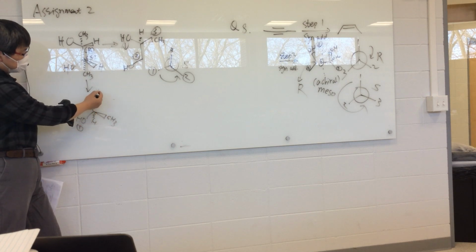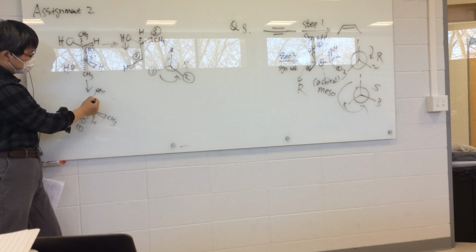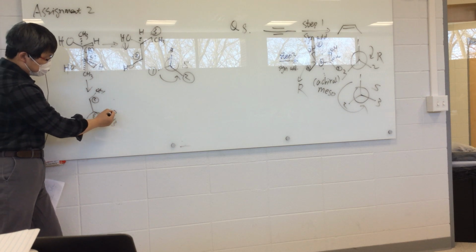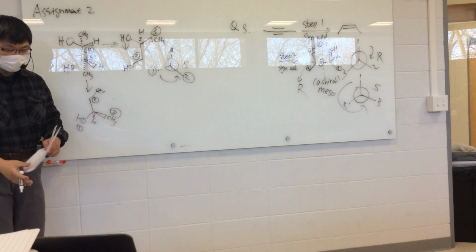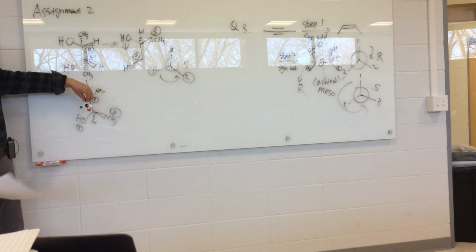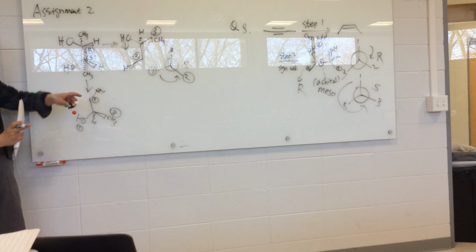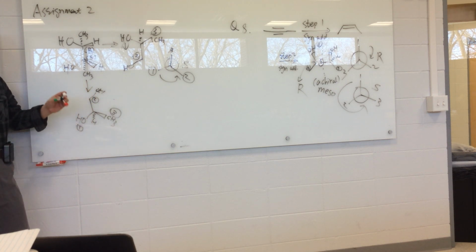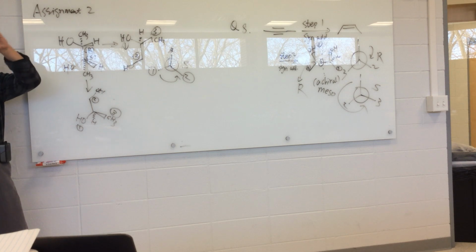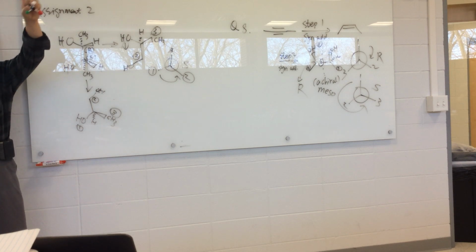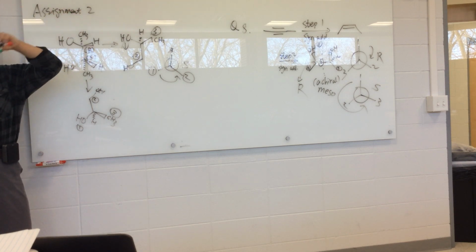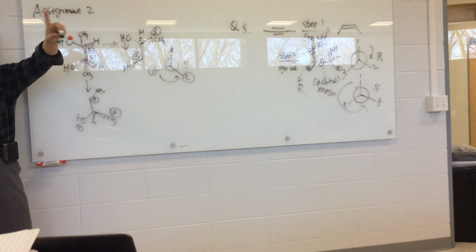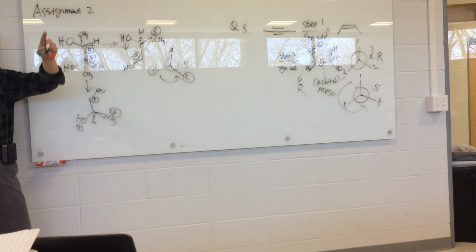These are attached to OH, so this carbon is priority 2, and this priority 3. Again, we put these two bonds in the same plane, and then we view so that our eyes, the chiral carbon and hydrogen are in the same line, and the hydrogen is away from us.